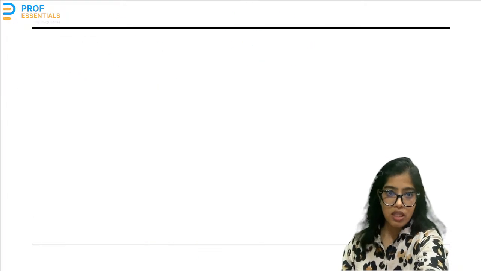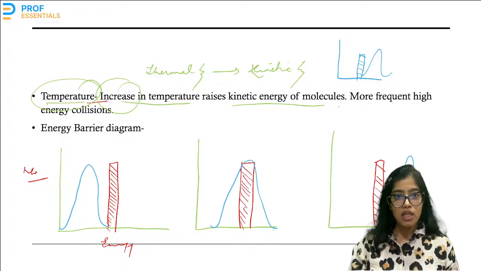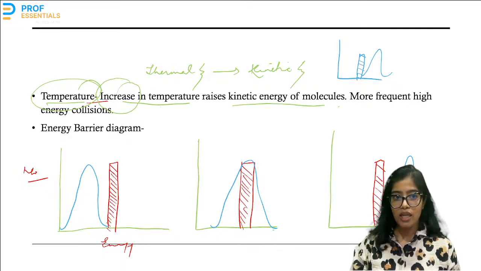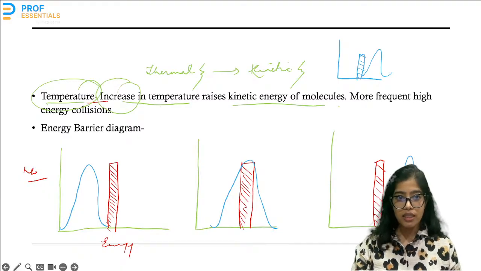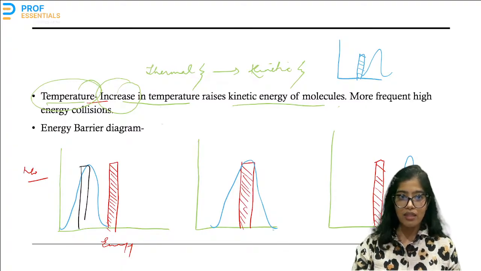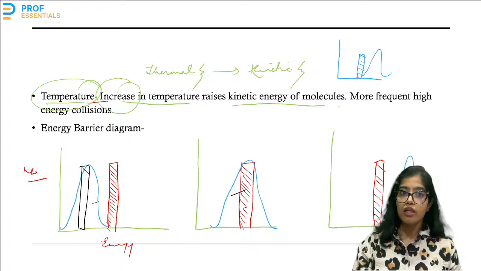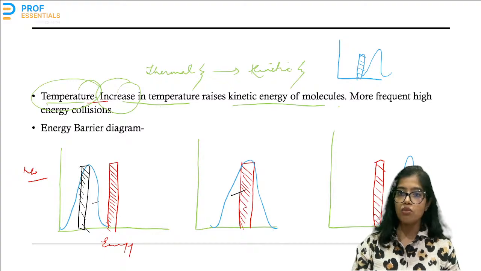If you see this reaction, this is the energy barrier. What the enzyme will do is reduce this energy barrier to maybe here, so that this reaction can also take place along with this reaction. Earlier only this reaction was occurring, because only molecules with energy more than the activation energy or the energy barrier could react.